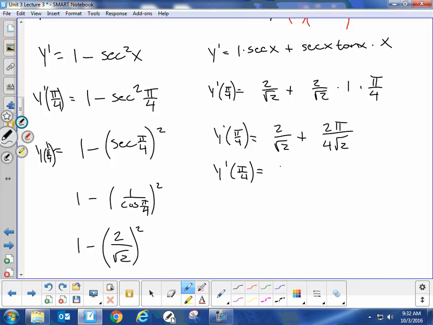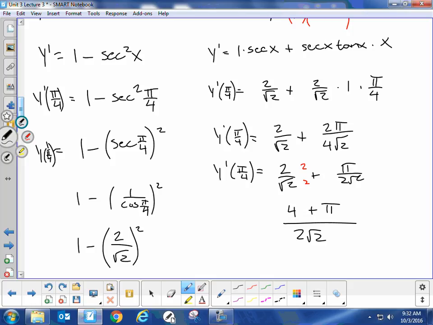So I would then probably write this as pi over 2 root 2. I would multiply the top and bottom of this by 2, so that it would be 4 plus pi over 2 root 2. Maybe you'll have a radical in a denominator in your answer choices.